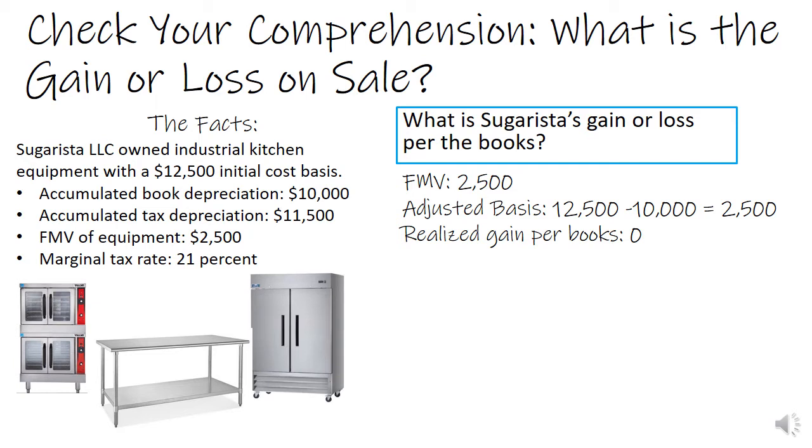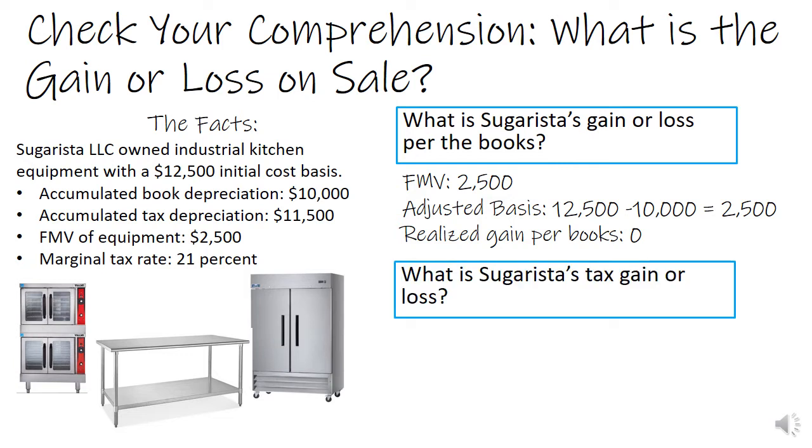The adjusted basis of the property on her books is the difference between what she paid for the property and what she's accumulated in depreciation. So on the books, the property is worth $2,500. If she sells it at this $2,500 cash, her realized gain, or hypothetical gain, is nothing. She's selling it at exactly what it's worth.